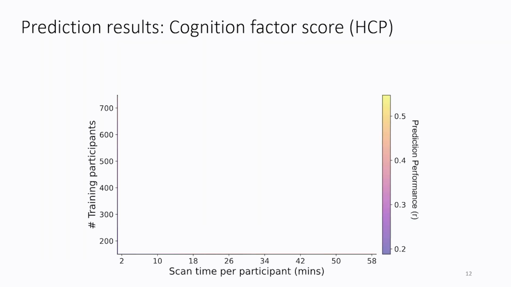Over here, I'm showing the prediction results for the Human Connectome Project. This is a cognitive factor score we derived in the Human Connectome Project. On the x-axis, we have the scan duration per participant. On the y-axis, we have the number of training subjects we use to train the prediction algorithm. Each combination of training subjects and scan time per participant has a brightness that corresponds with how well it was predicted.